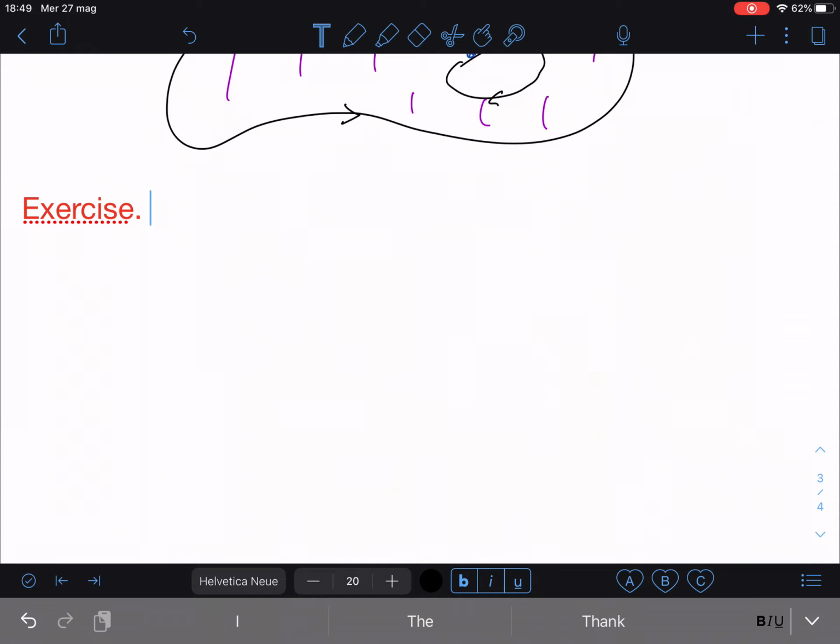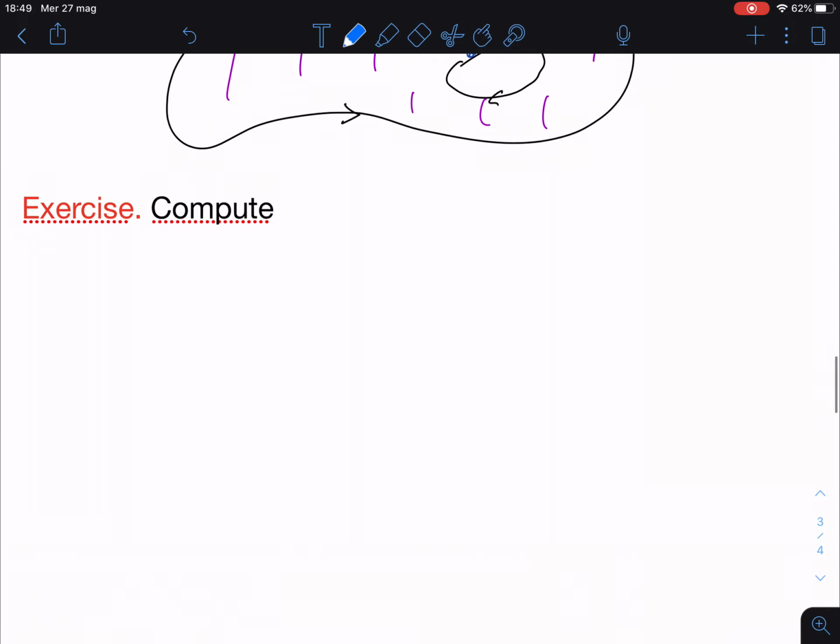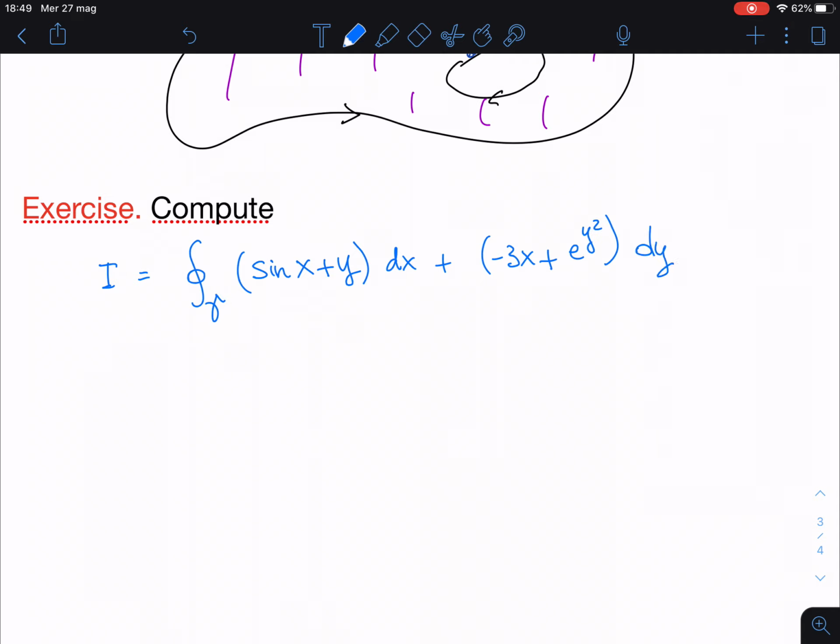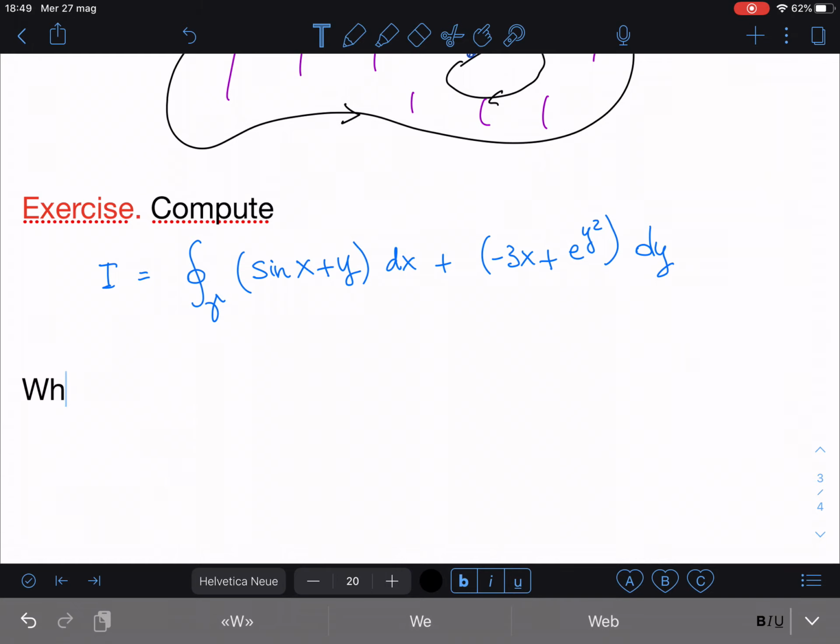The exercise says compute this integral, the integral I, equal to the circulation on the curve gamma of this field, sine of x plus y dx plus minus 3x plus e to the y squared dy, where we have to say what gamma is.